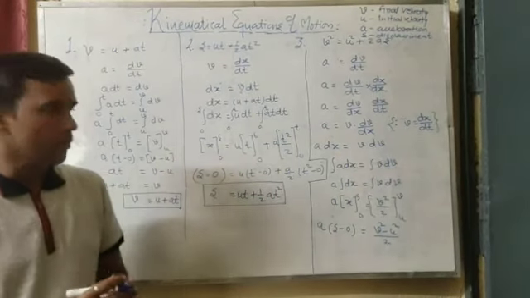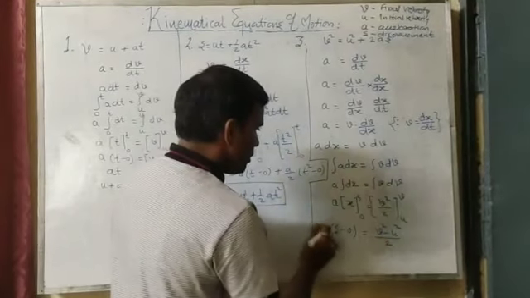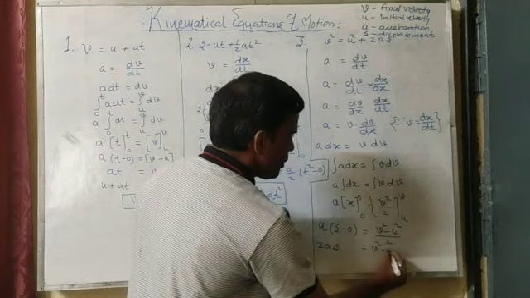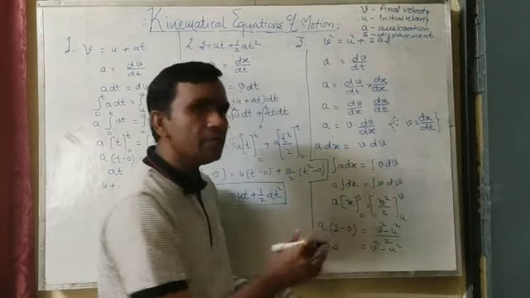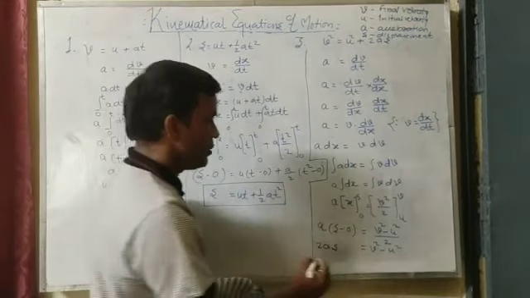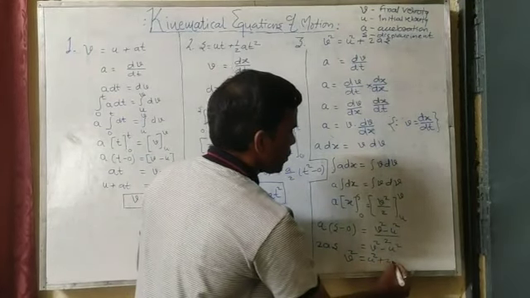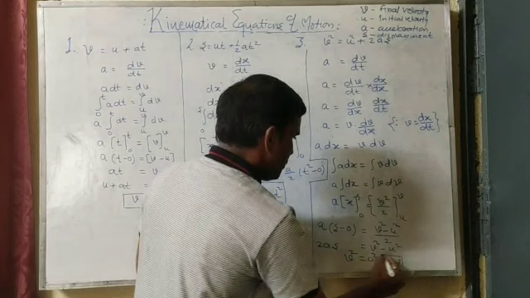We will make the cross multiplication here also. Twice as is equal to v square minus u square. By rearranging the terms, we will write v square is equal to u square plus twice as.